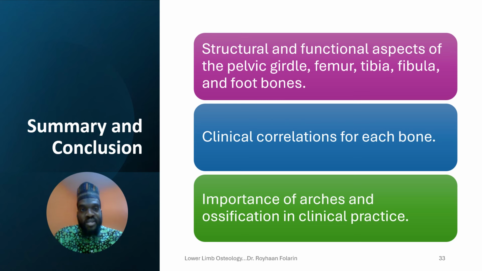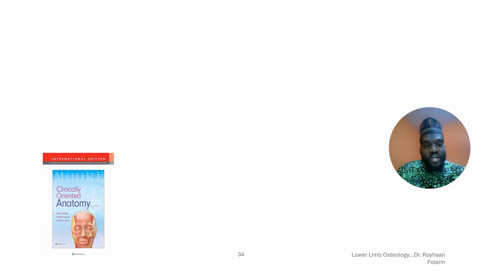So the tibia is the main weight-bearing bone, while the fibula provides muscle attachment. The tarsal bones form the ankle and the heel, and then you have the metatarsals and phalanges helping in foot structure and foot movement. So I want to thank you for your attention, and I hope you've gained a deeper understanding of lower limb anatomy.